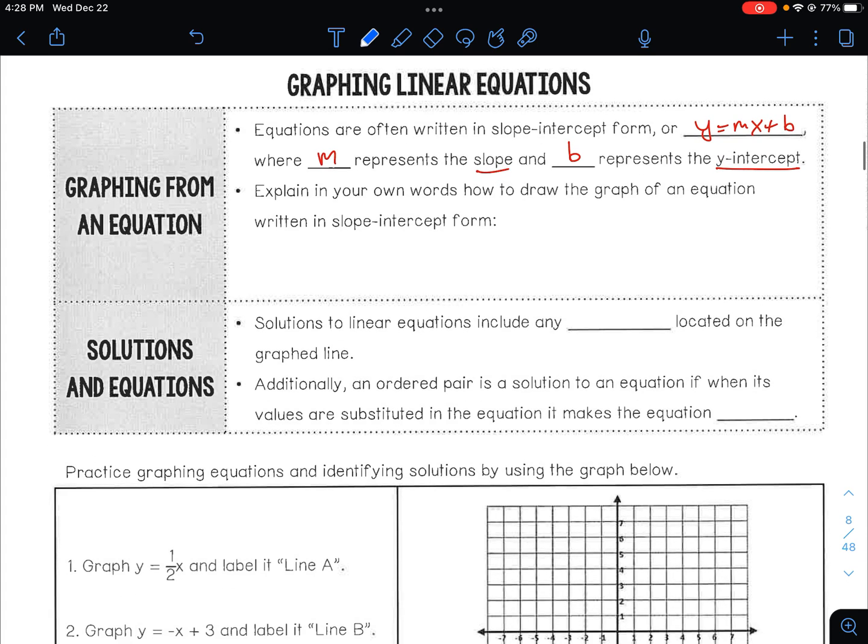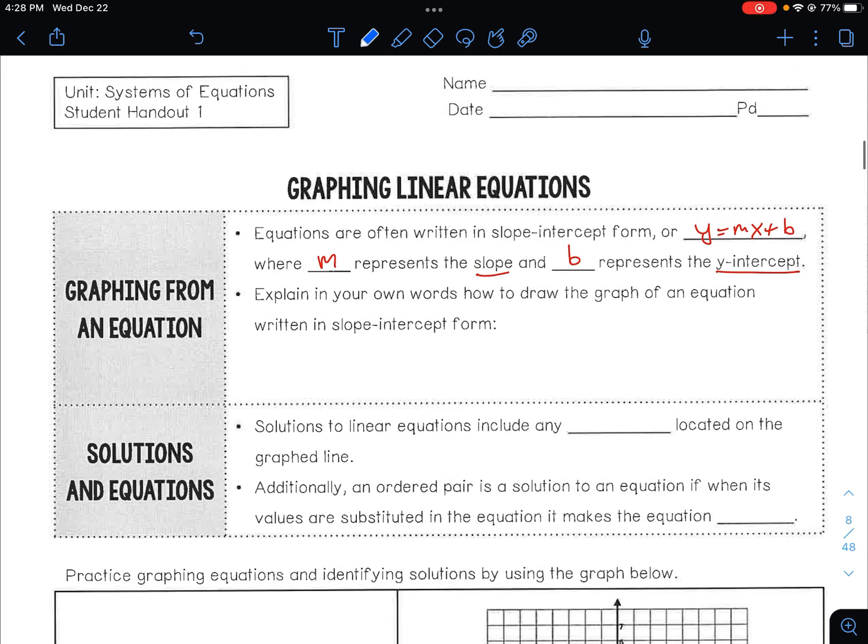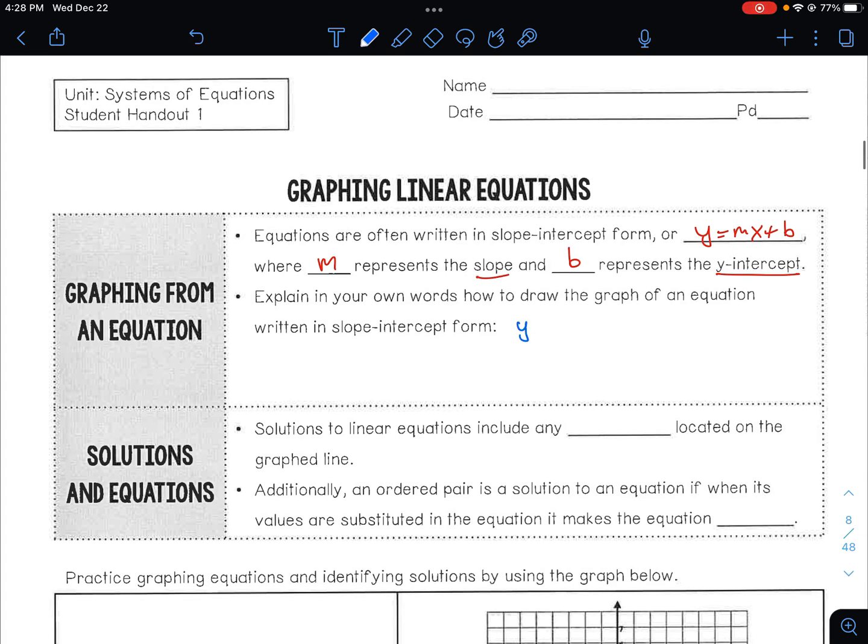Explain in your own words how to draw a graph from an equation written in slope-intercept form. Well, we already know how to do that. You take the y-intercept, and you put a point at the y-intercept.